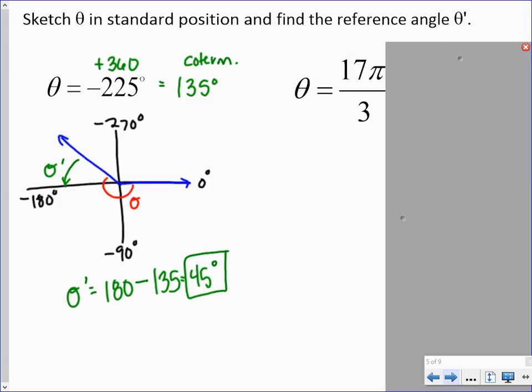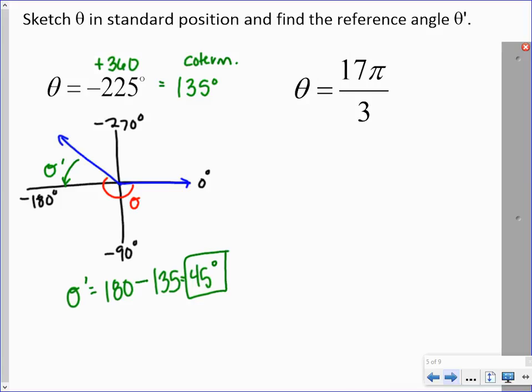Okay. One other example that I want to show you in terms of graphing radians, which I think is a challenge for some people. So I'm going to do another example where I show you how I can think about graphing something in radians. So if theta equals 17 pi over 3, how can I graph that? Well, when I'm graphing things in radians, I think mainly, to start with, about pi and 2 pi.